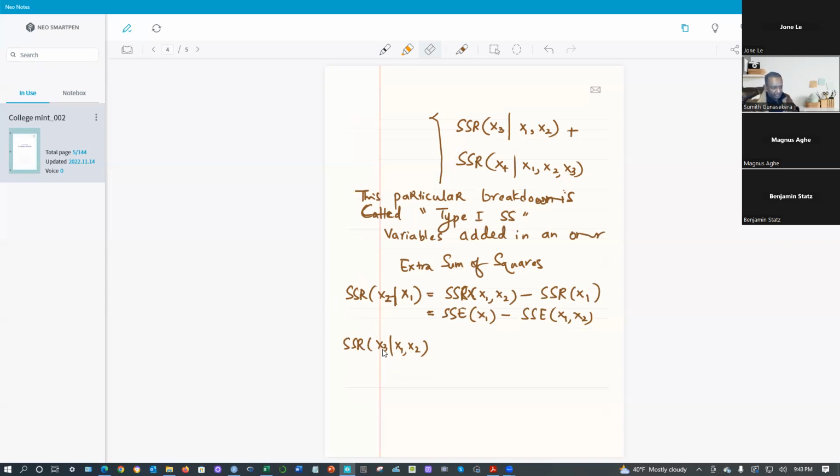We have so many selection methods: forward selection, backward elimination, and stepwise. So many methods you're going to take into account down the road. It is nothing but sum square regression calculated for x1 comma x2 comma x3 minus sum square regression from the variables that are in the denominator. Denominator means I'm referring to x1 and x2.